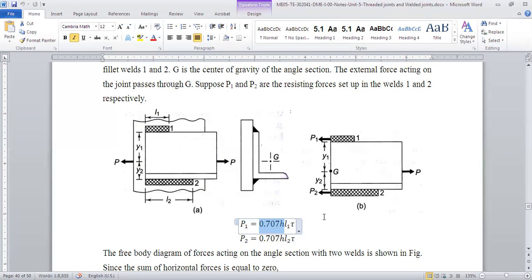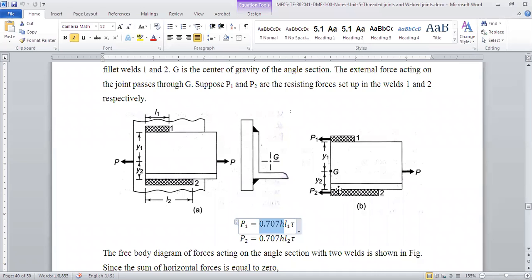So we can calculate the lengths or the load taken by all these areas by using the balance of the moments. Since this whole assembly is in equilibrium, the moment because of the load taken by area 1 equals the moment because of the load taken by area 2. What are those moments?